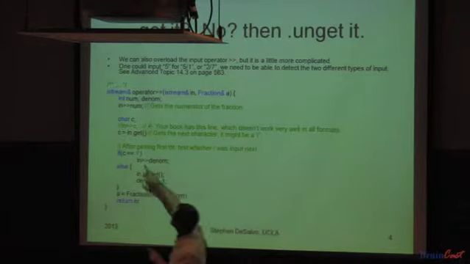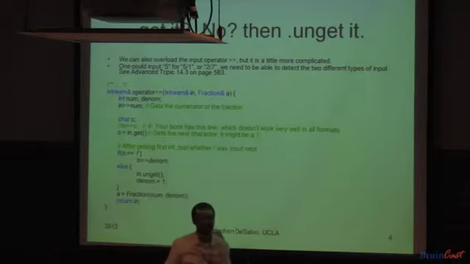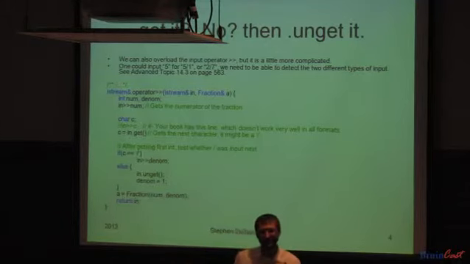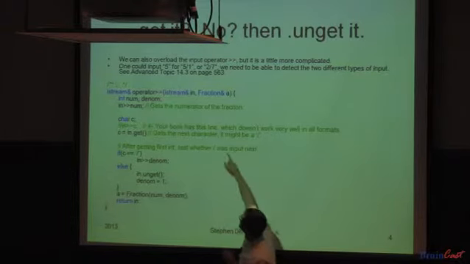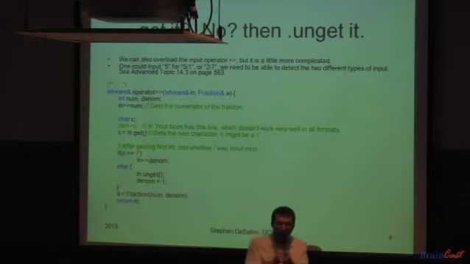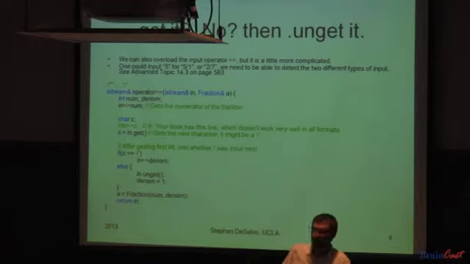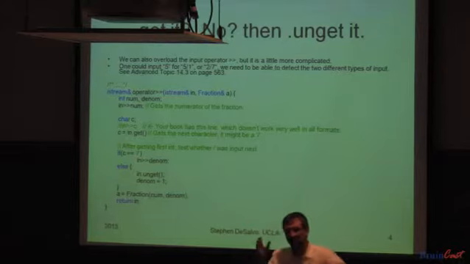Now what you want to do is look at the next character. Okay? That's what get does. Get takes away, so it gets the next character, and it actually does take it out of the stream. When you do things like in greater than num, it pulls those characters out of the stream.